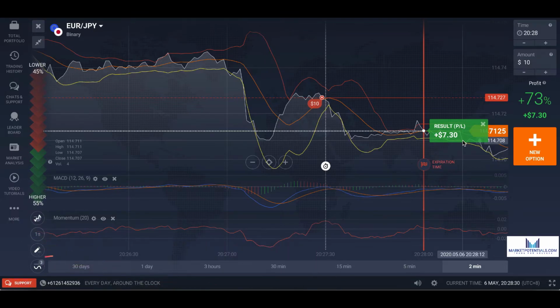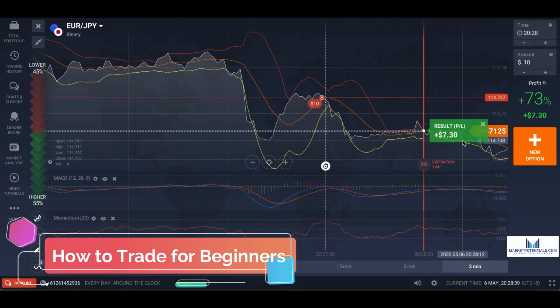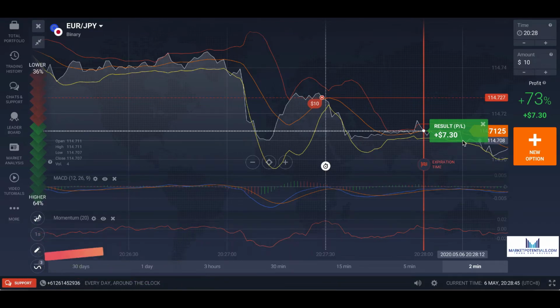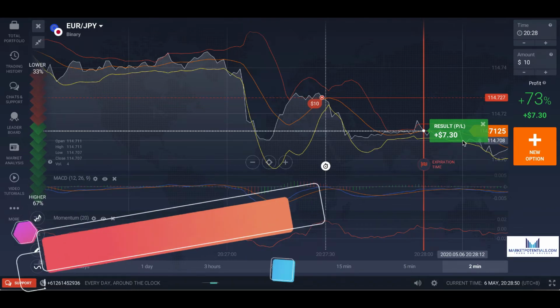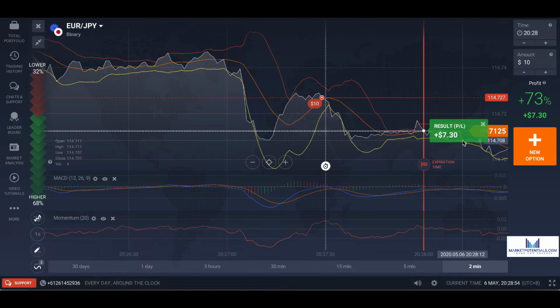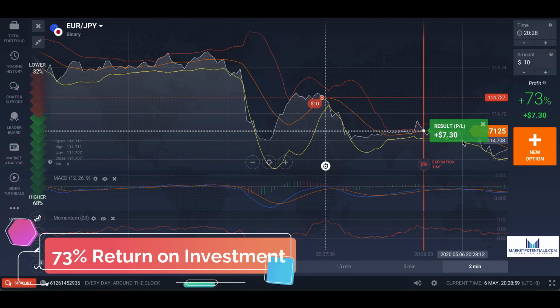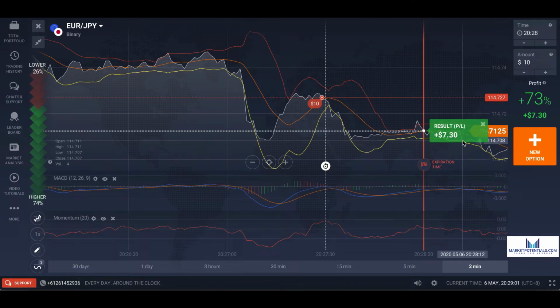So the reason I recorded this video is just to show you, beginners especially in mind, how you can turn your first $10 deposit on the trading platform into $7.30 in profit, meaning you literally have $17.30 in your trading account from when you started, or a 73% return on investment of your first deposit. Again, guys, let that sink in. And that's literally how I do it all the time.